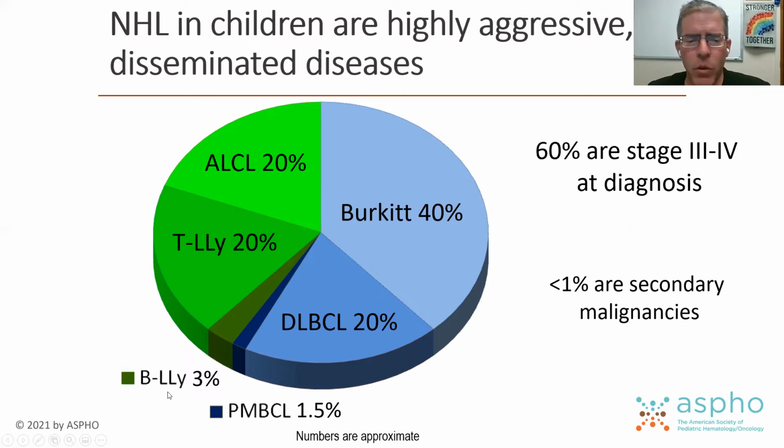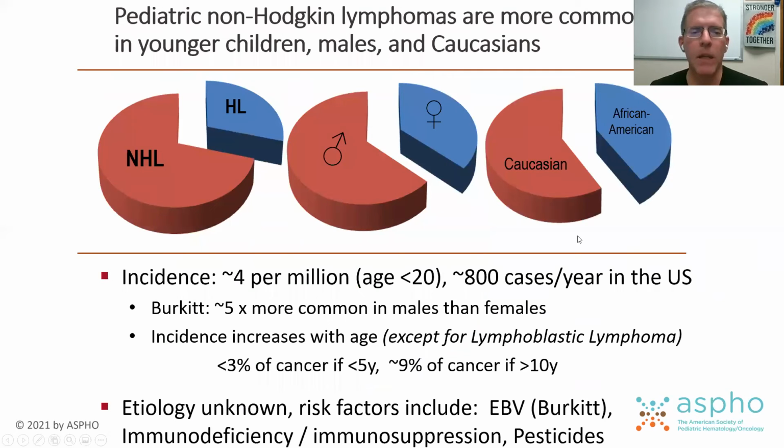And for those of you who have engineering degrees, I realize that these numbers don't add up to 100%. This is biology. B-cell lymphoblastic lymphoma is only about 3%, and then primary mediastinal B-cell lymphoma is only about 1.5%. 60% of these are stage 3 or 4 at the time of diagnosis, and less than 1% are secondary malignancies.